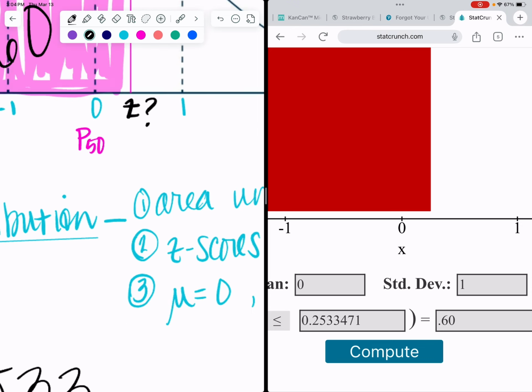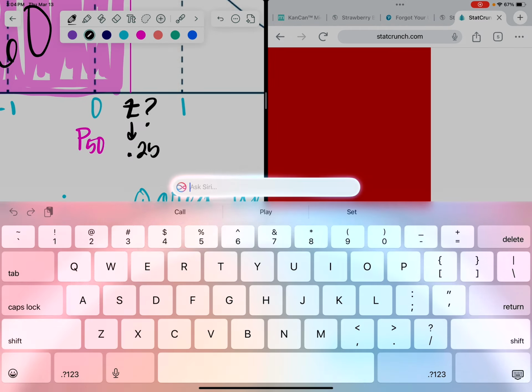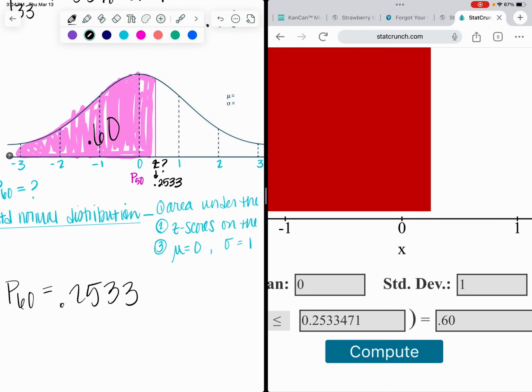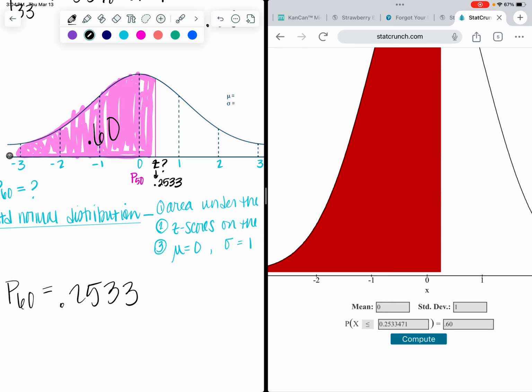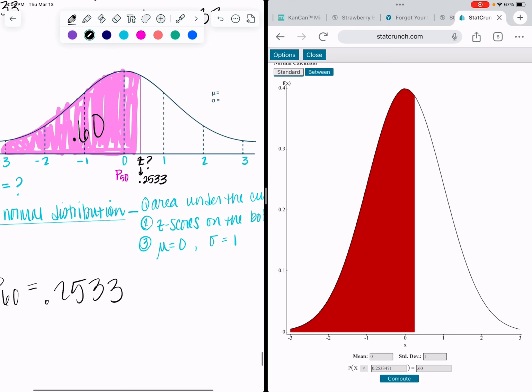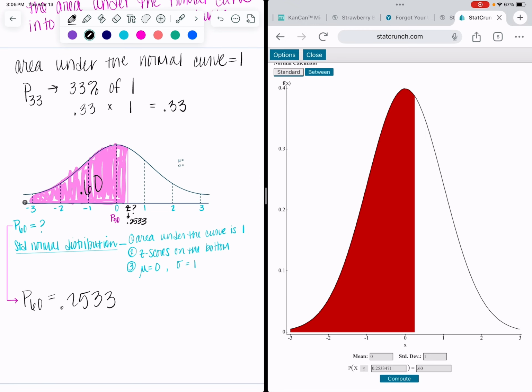So that means my mystery z. And that's pretty close to where I estimated it to be. It was a rough estimation, and that curved shape can make the areas a little bit funny when you're estimating them. But for the most part, the picture StatCrunch came up with was really, really close to the one where I thought things were going to happen. So we're in pretty good shape. If you come up with further questions, absolutely let me know.